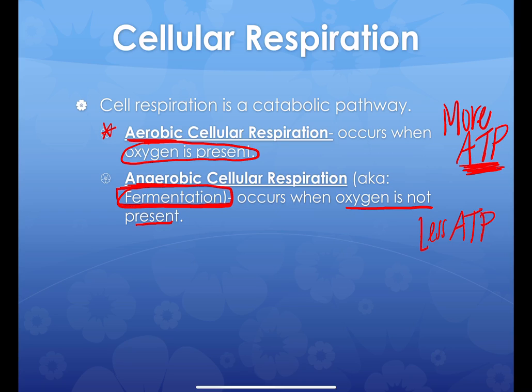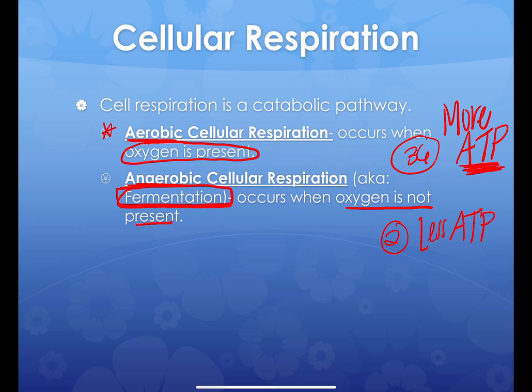So when you're exercising hard, you do not have as much oxygen as you need. But your body still needs ATP to carry out those processes. When I say more and less, I'm talking about relative numbers like 36 and 2. You don't have to know those now, but just to give you a little perspective, it's a lot more and a lot less, with or without oxygen.